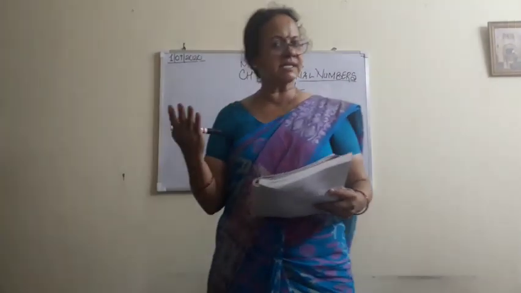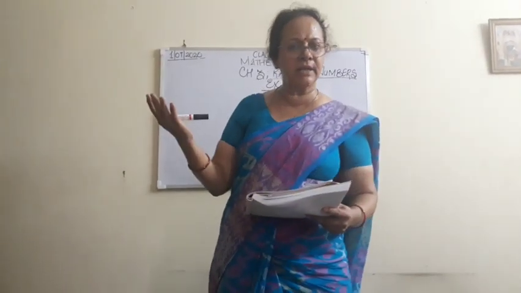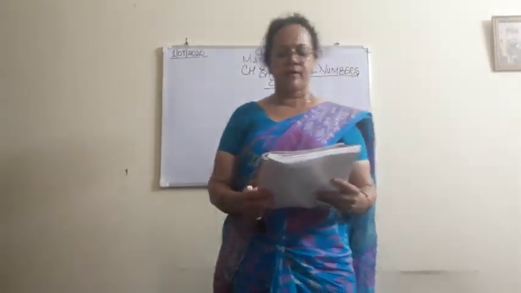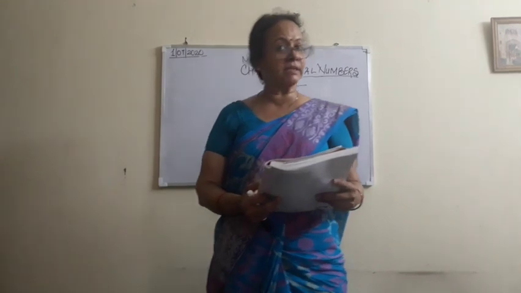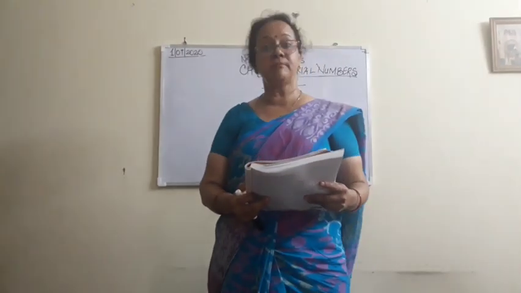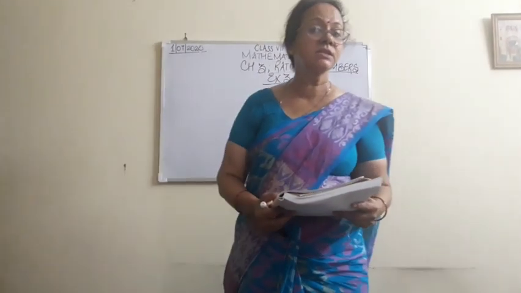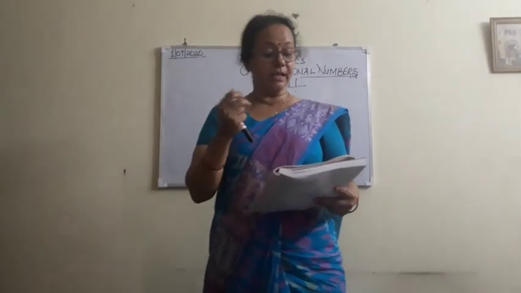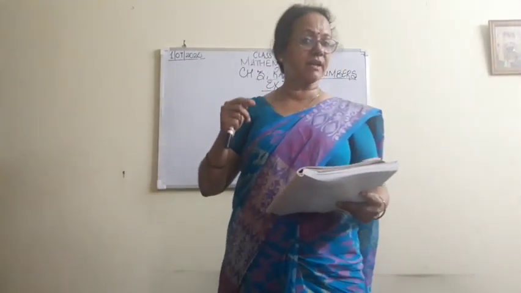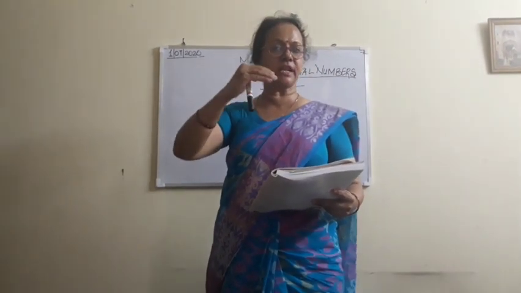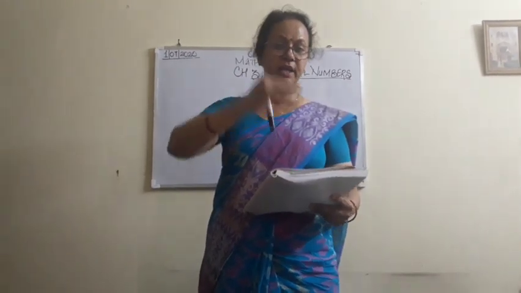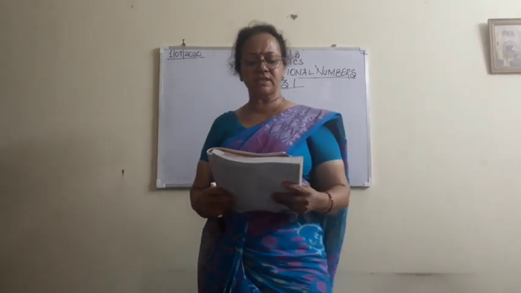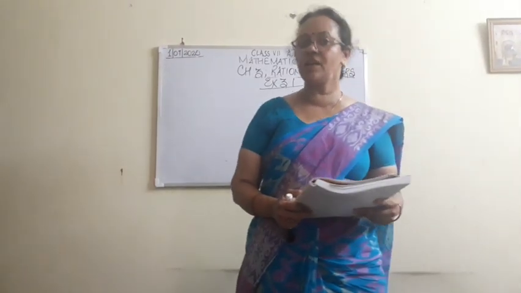If the minus sign is there, automatically it will be negative. This is a negative rational number. C part, minus 11 by 13. Minus sign is there, so what is it? Negative rational number. Similarly, D. 4 by minus 11. I told you the denominator will not be negative. You can transport the negative sign to the numerator. So minus 4 by 11, this is also a negative rational number.